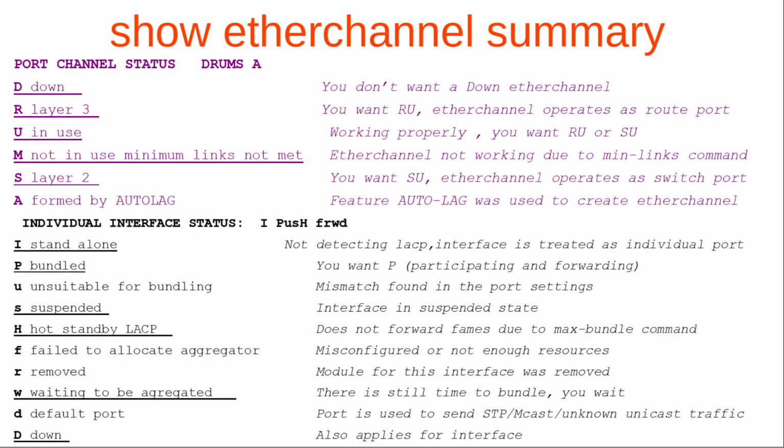If you see a letter W, that means that it is still negotiating with the other side. You have to wait a little and enter the command again. If you see the capital D, that means that interface was shut down. So you must enter no shutdown in order to make that interface participate.